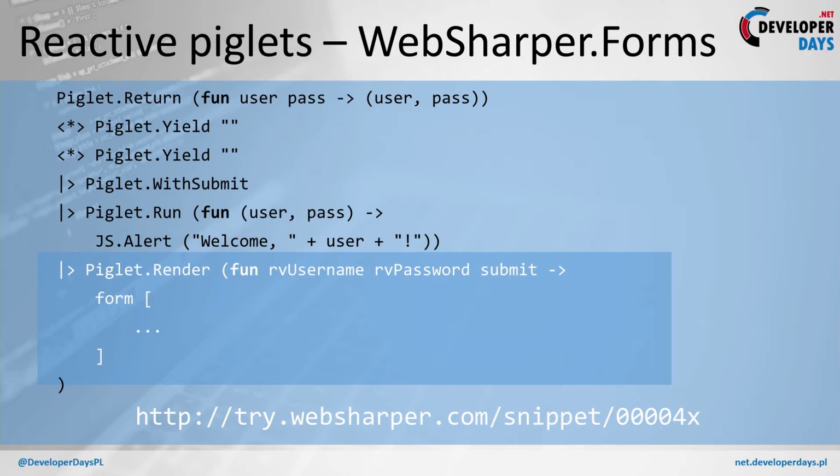And these reactive piglets we simply call WebSharper forms, which look and function exactly the same as formlets, except you have to use piglet when you construct. And now you also get a piglet.render function, which allows you to render this form or piglet in any way that you want. So let me give you an example.